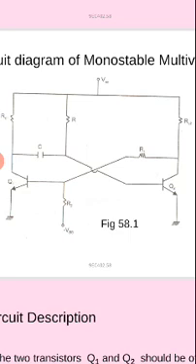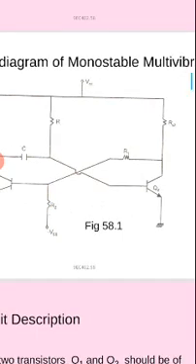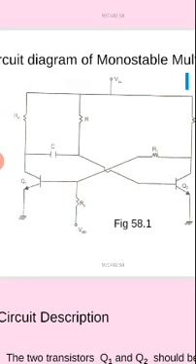With this, the transistor Q1 remains in off state and Q2 remains in on state. This state is called as stable state.